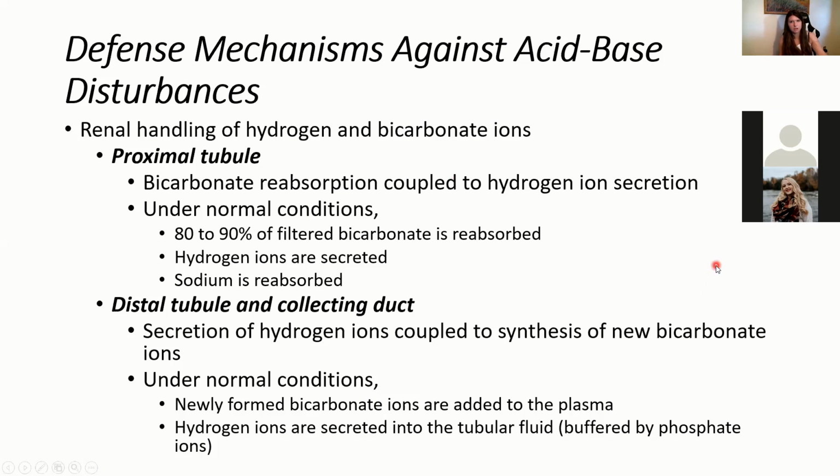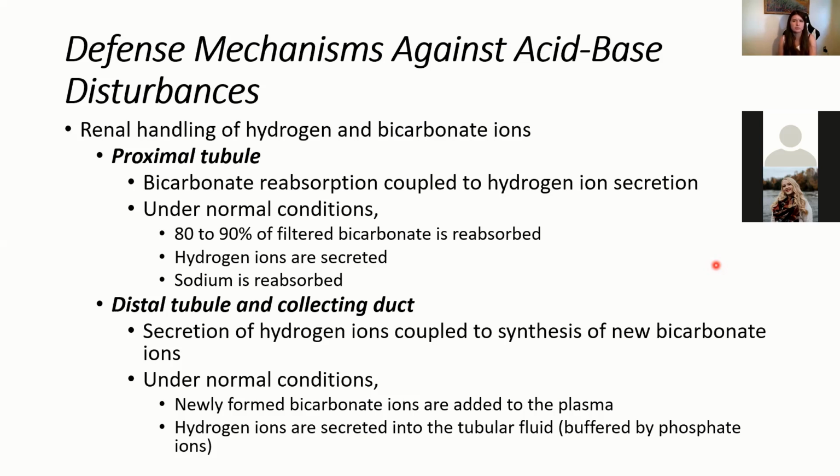almost all of the bicarbonate that gets filtered from the glomerulus is going to get reabsorbed. So just like we're reabsorbing everything else, our proximal tubule is our mass reabsorber. We're going to reabsorb bicarbonate. And as we look at these cells, we'll see that bicarbonate reabsorption is coupled to hydrogen ion secretion.